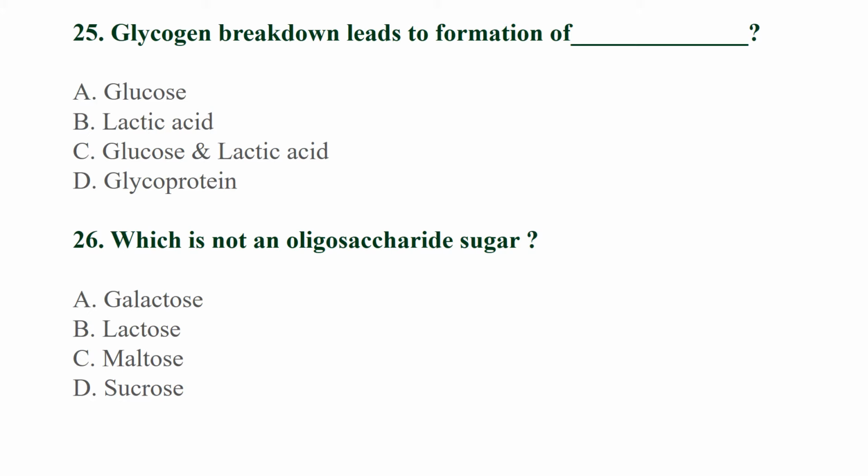Glycogen breakdown leads to the formation of glucose and lactic acid. Which is not an oligosaccharide sugar: galactose, lactose, maltose, or sucrose? The best answer is galactose. Galactose is the monosaccharide. All the others are disaccharides.